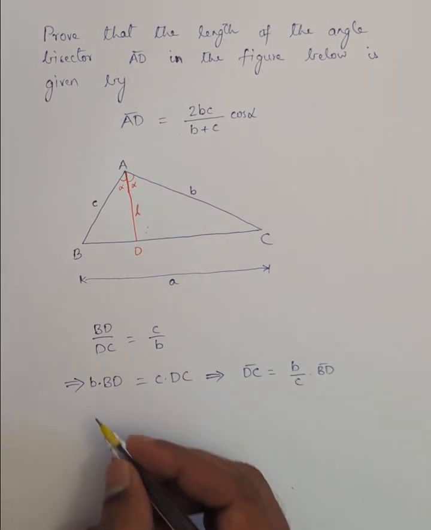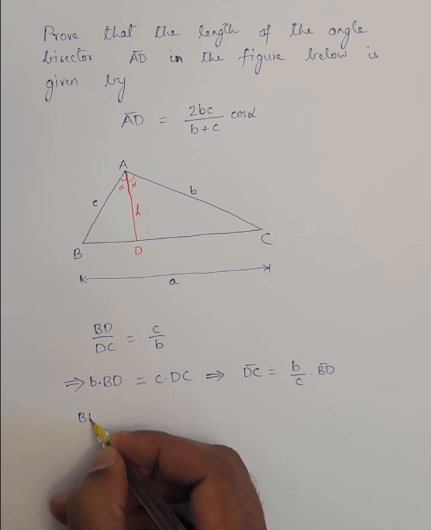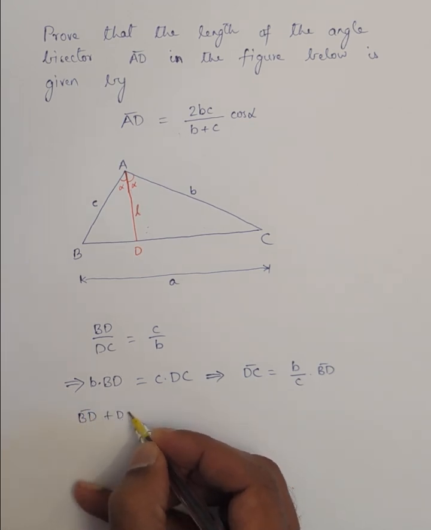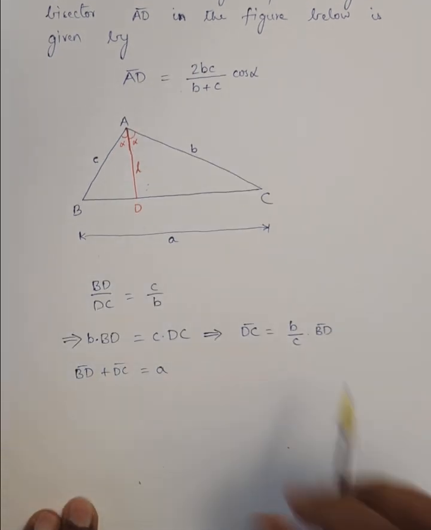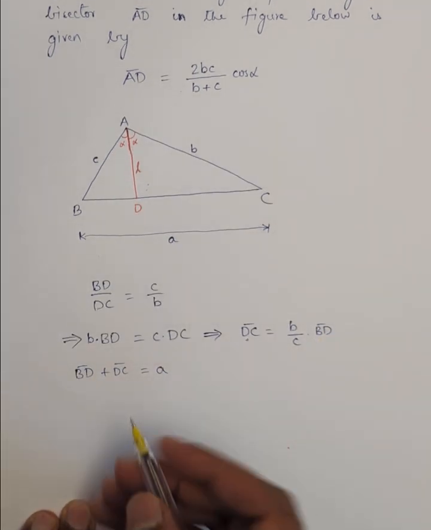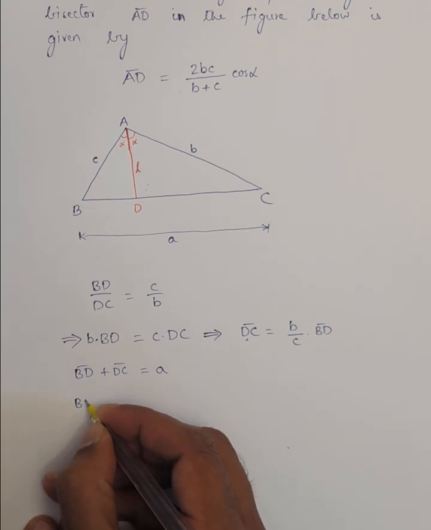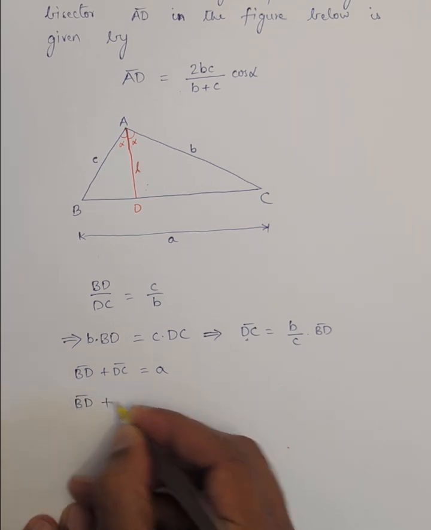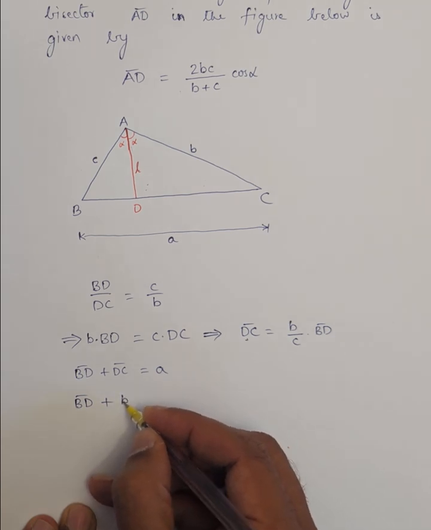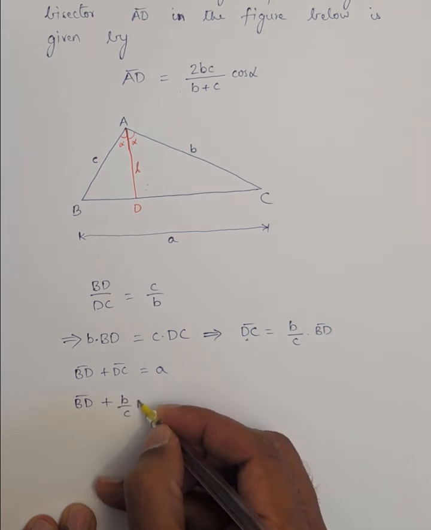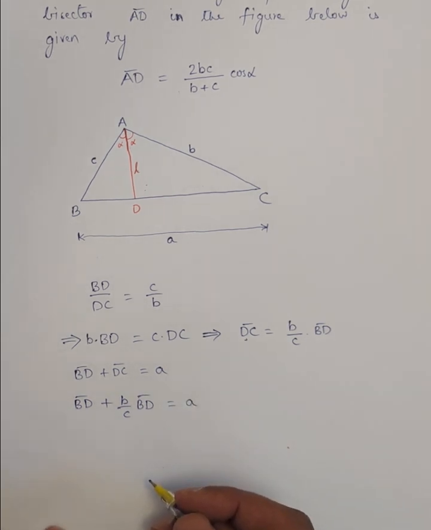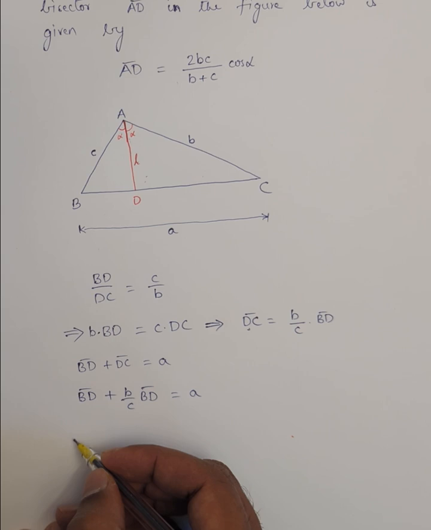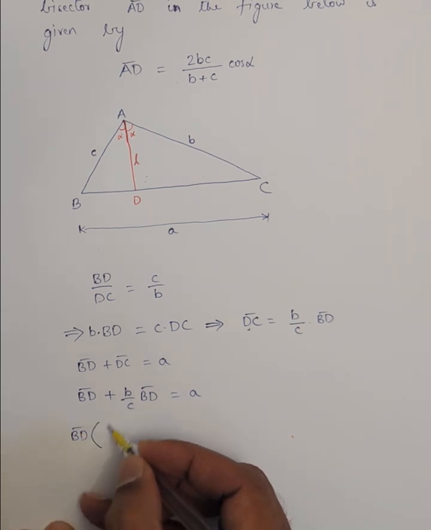All right. And now we know that BD plus DC is A. And we will plug in DC. So we have BD plus DC, which is given in terms of BD as B over C times BD, equal to A. BD is the common factor. We can factor that out.